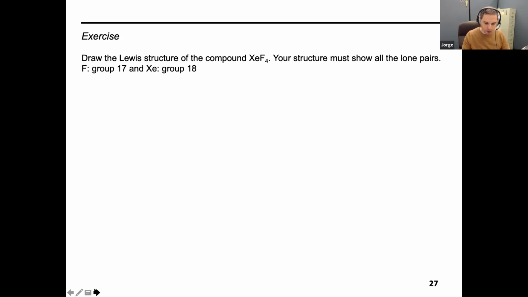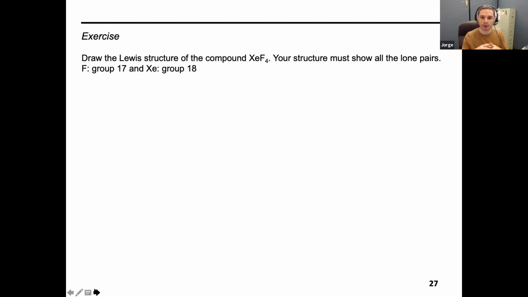However, when you move on to the heavier noble gases, you can force reactions and they are not so noble anymore. They will bond with other elements. And XeF4 is the classic example of a covalent compound containing a noble gas.